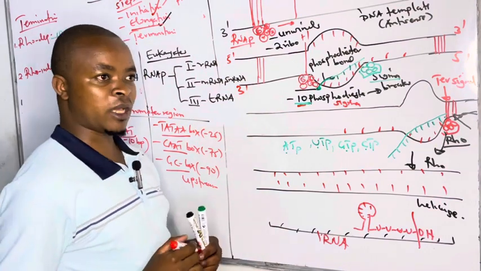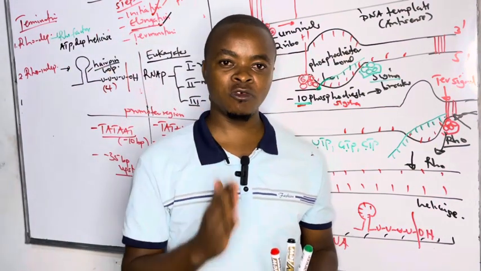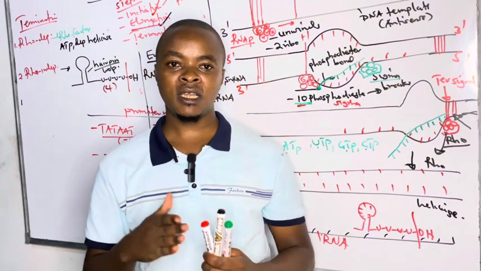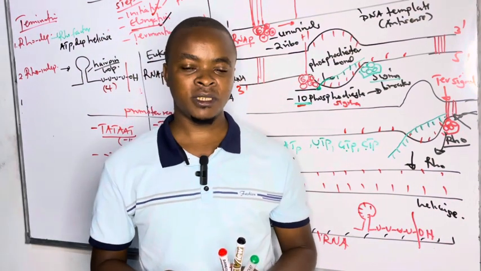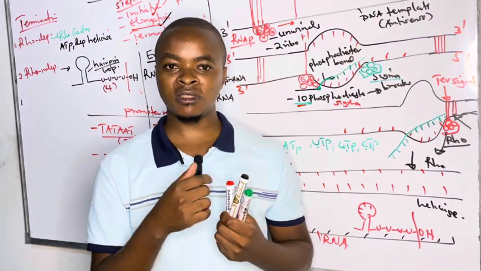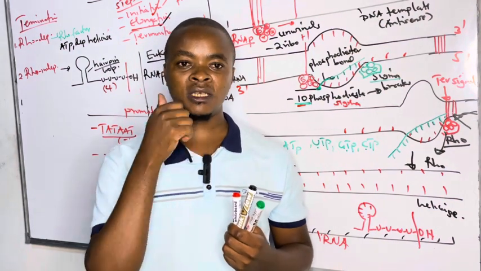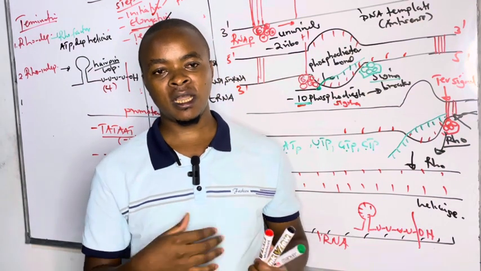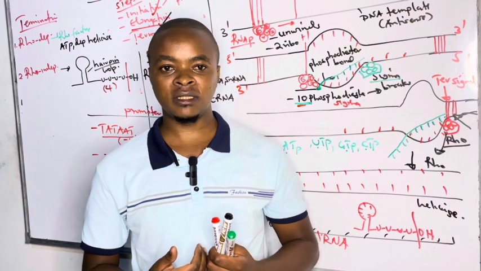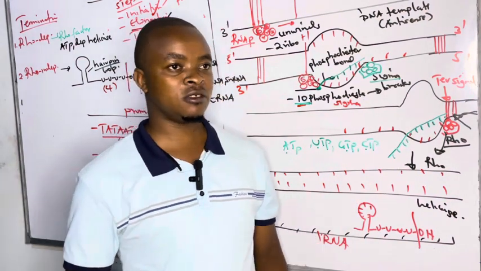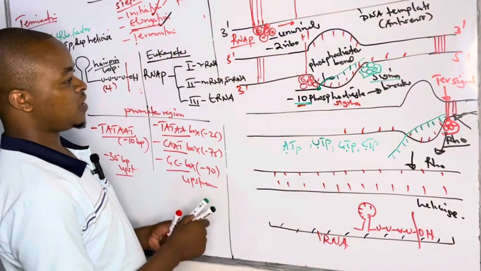So we have seen termination is in 2 mechanisms, whereby we have rho factor dependent and rho factor independent. The rho factor dependent utilizes the ATP dependent helicase enzyme, which displaces the RNA core unit from the strand, leading to the termination of the transcription.